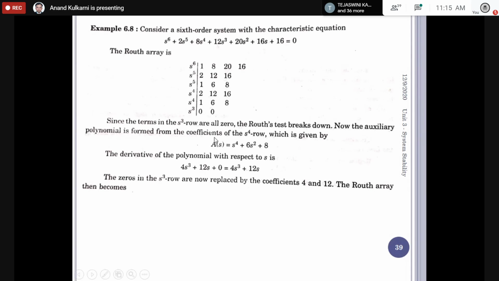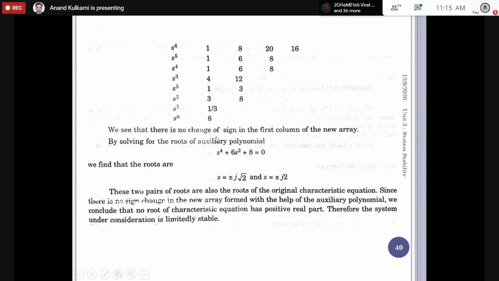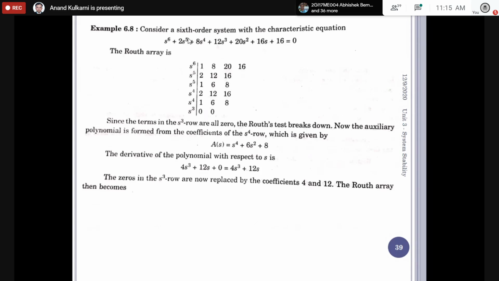Suppose S^3 is there, after that S^2 is there, after that S^1 is there. If this element becomes 0, then it is not a question of an auxiliary equation, right? Because there will be only one term, and that term is absent. What happens is that term an is 0 actually. That will happen in the case of an only, and you know that beforehand because that term will be missing.